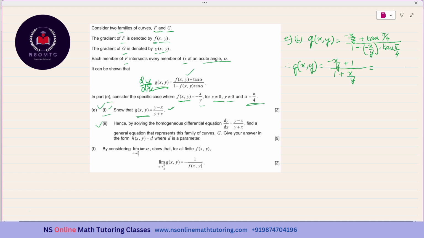So this is minus x plus y over y divided by y plus x over y. So g(x, y) is equal to, these two y's will be getting cancelled and you will be having y minus x over y plus x.